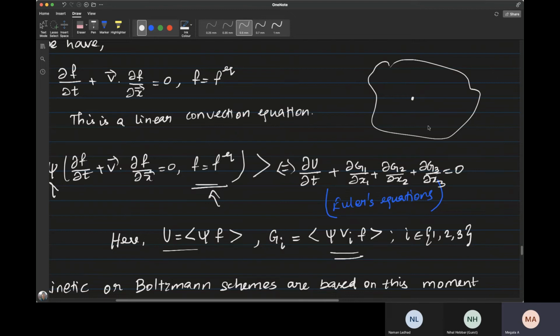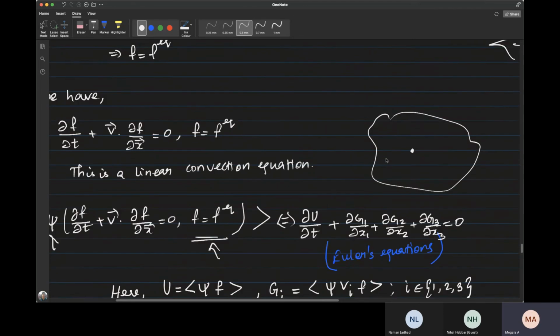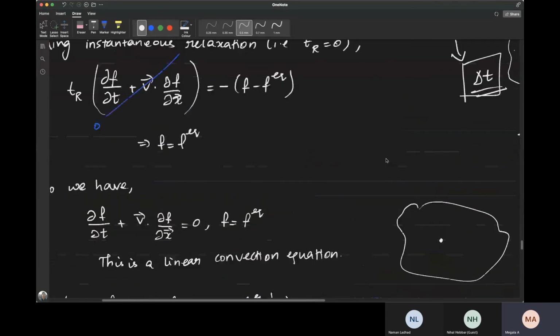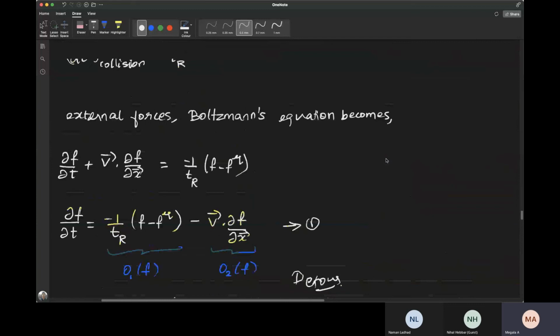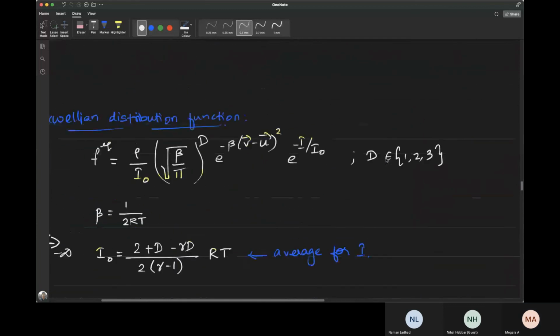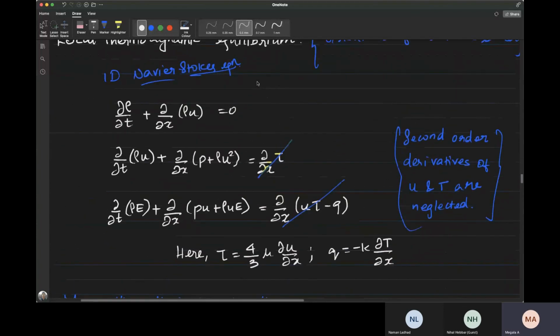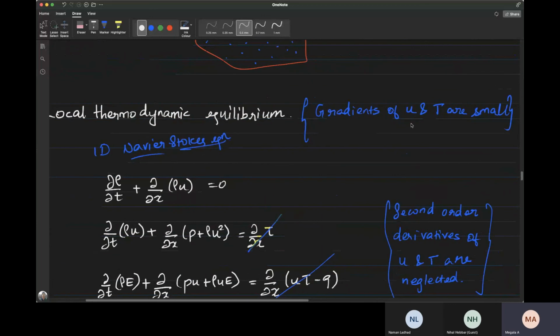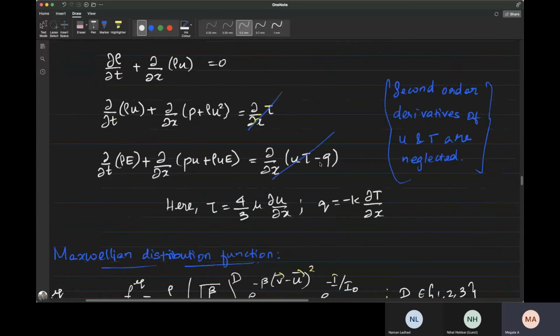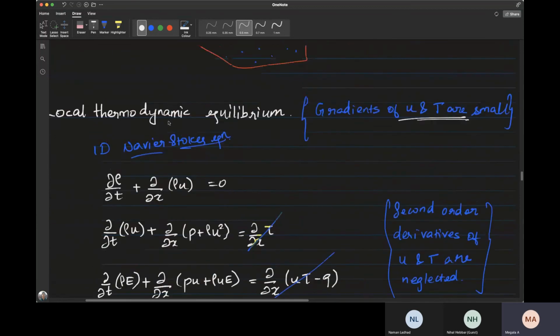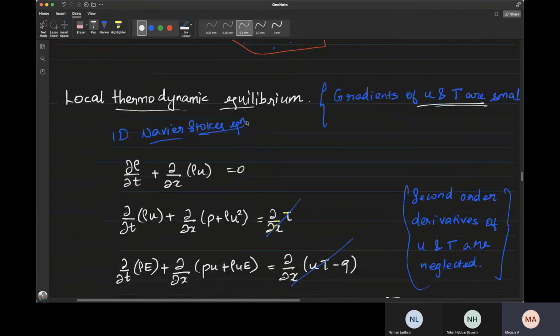That is, locally, everything is in equilibrium. At every point, your F is equal to F equilibrium. So in this case, we get the Euler's equations. I talked about this earlier in a different way. Earlier, we assumed the gradients to be small and neglected second-order derivatives, and we got the Euler's equations by local thermodynamic equilibrium.